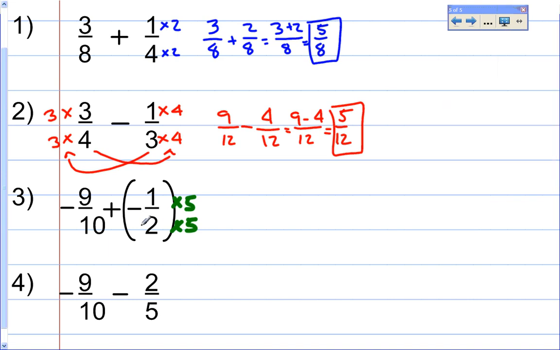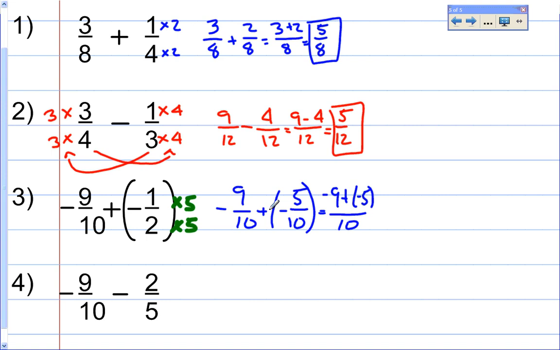So I'll use blue. All right, so the negative 9/10. Not going to do anything with that. Just bring it over. Plus negative 1 times 5 is 5. 2 times 5 is 10. So now I have a common denominator of 10. This is negative 9 plus negative 5 over 10, right?